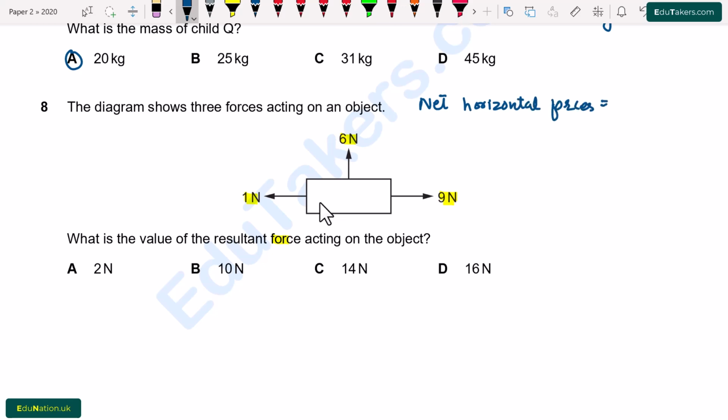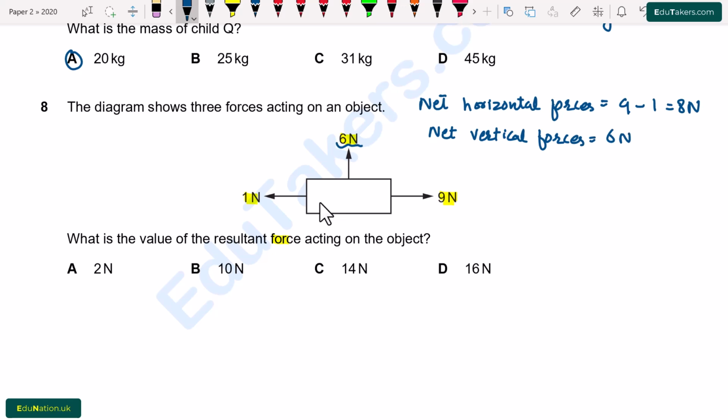It will be equal to 9 minus 1, because the 9 Newton and 1 Newton forces are in opposite directions. That's why I subtract them. It will be equal to 8 Newton. Next, the net vertical force is given, which is 6 Newton.